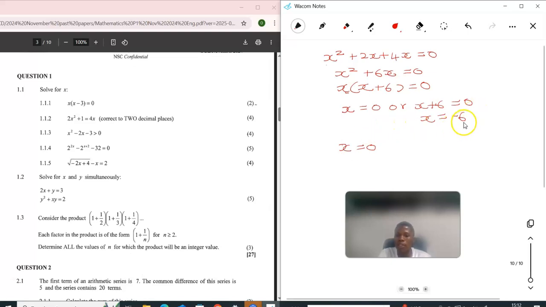But when you take this negative value and substitute into this original equation, you won't get 2. So it means x is equal to 0, but x is not equal to the negative value. Therefore you'll get your full 4 marks. Thanks for watching.